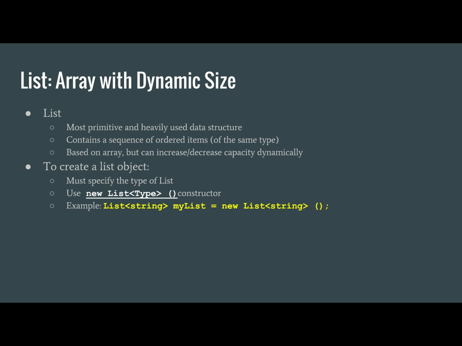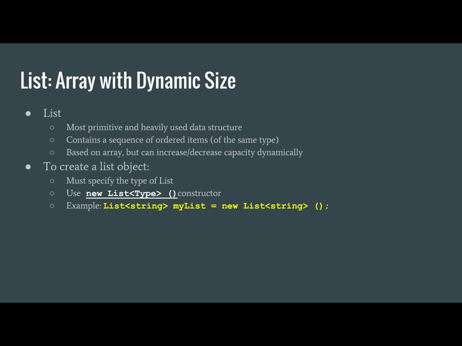You can always assume that the maximum size of the list is the maximum memory you have on a computer. So if you have, let's say, 4 GB of memory, you basically can have a list that can contain 4 gigs of integers.